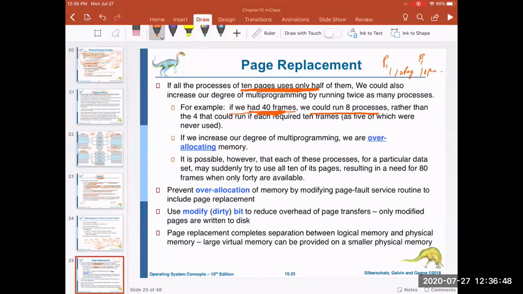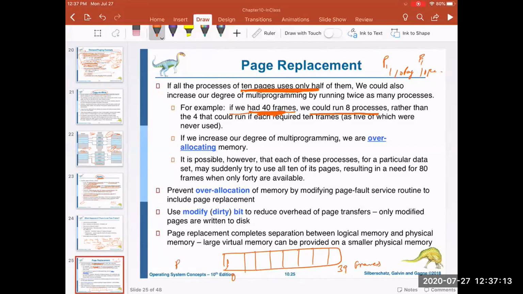Can somebody answer? If each process requires 10 pages and I'm not doing any demand paging, and my RAM can hold 40 frames, how many processes can I hold inside RAM? It would be 4.